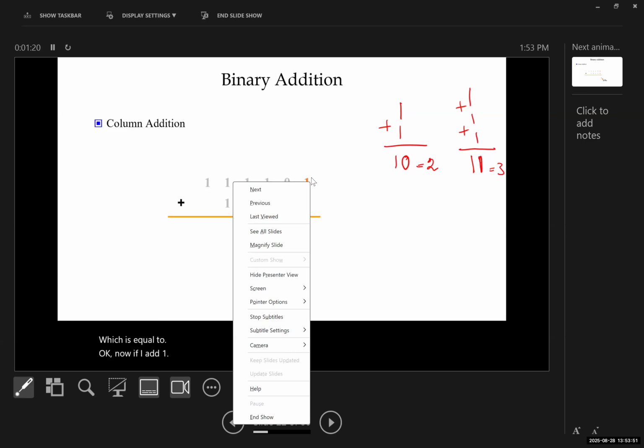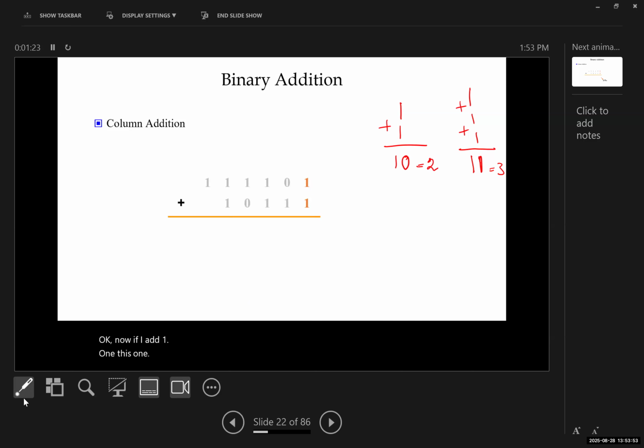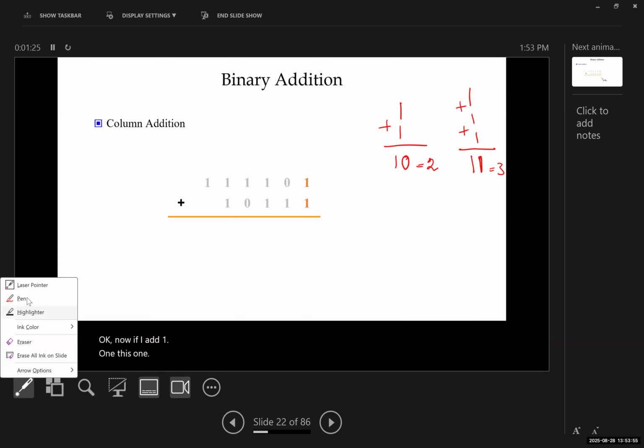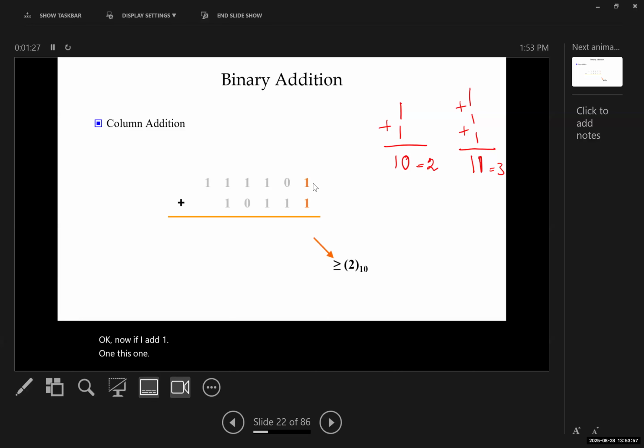Okay. Now, if I add 1 plus 1, it gives us 10, or 2. I would put the 0 and move the carry on to the next. Now, again, 1 plus 0 plus 1 gives us what?